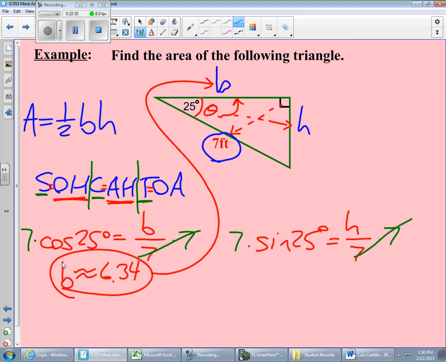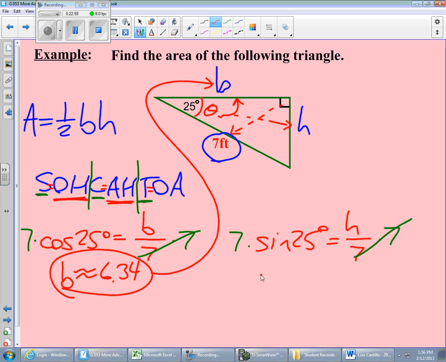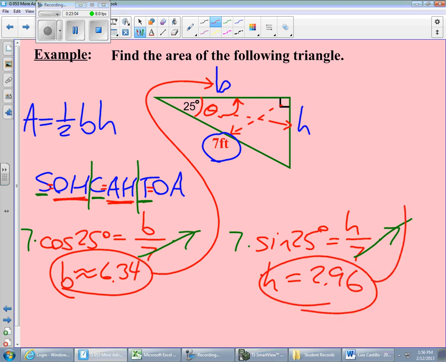And once again, we would go to our calculator to find 7 sine 25. You don't have to worry about the setup of your calculator every time. Once you get it changed to degree mode, it should stay there until some fool messes with it. But 7 sine 25 is in the ballpark of 2.96. So H is about 2.96.